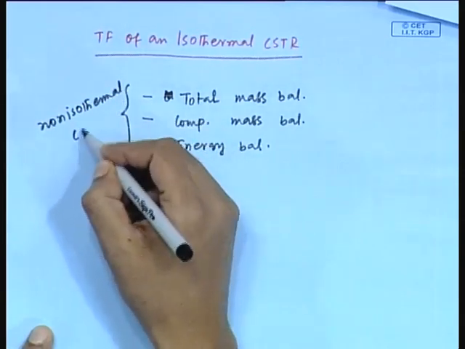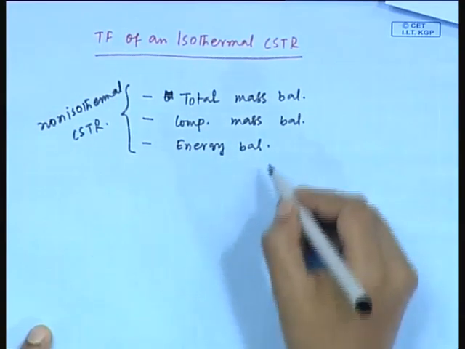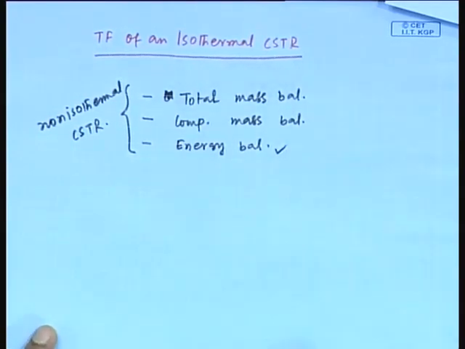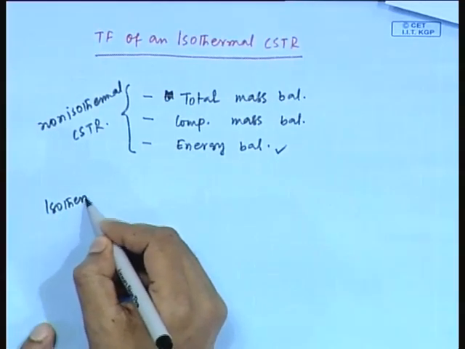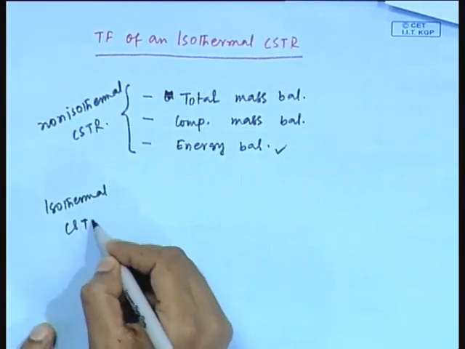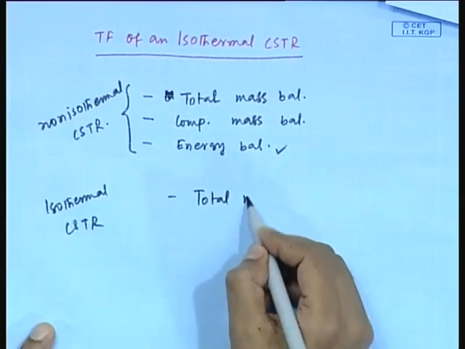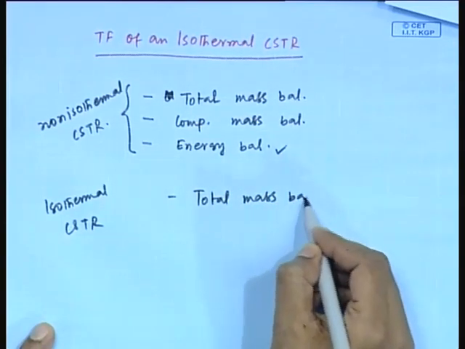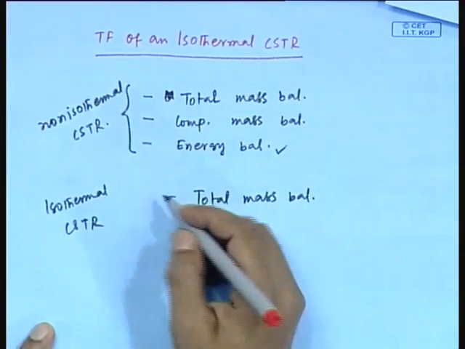Non-isothermal CSTR. For a non-isothermal CSTR, we usually derive the energy balance equation. Now, here we will consider the isothermal CSTR. For an isothermal CSTR, there will not be any total mass balance equation.